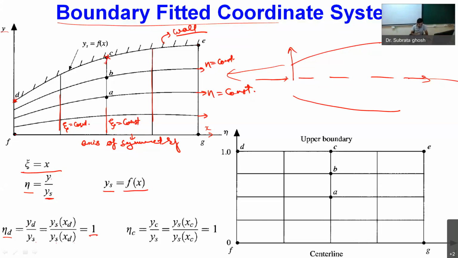Similarly, if I find the value of eta for point C, it will be yc by ys, and yc is ys corresponding to xc, so it also equals 1. If you compare, yc is greater than yd, because the distance of point C is higher than that of point D. But for both points D and E, we have the same value of eta. So along this entire boundary, we have a fixed value of eta, equal to 1.